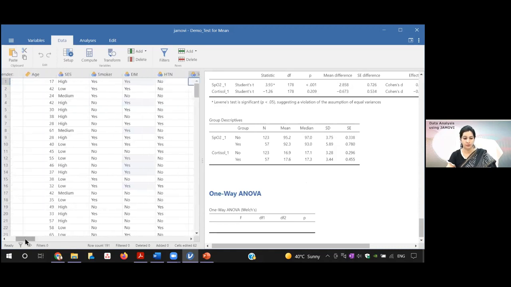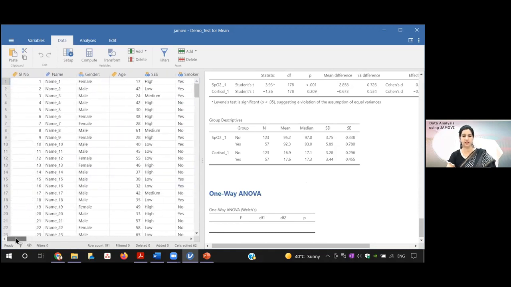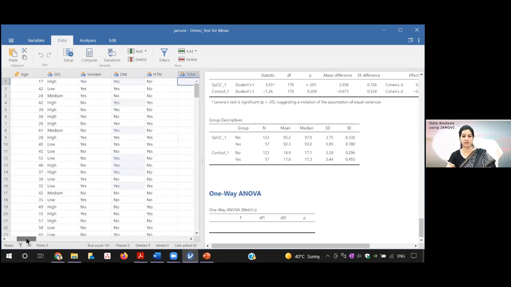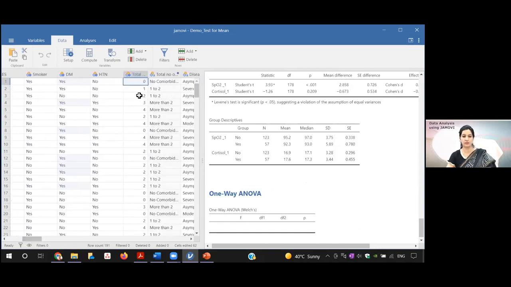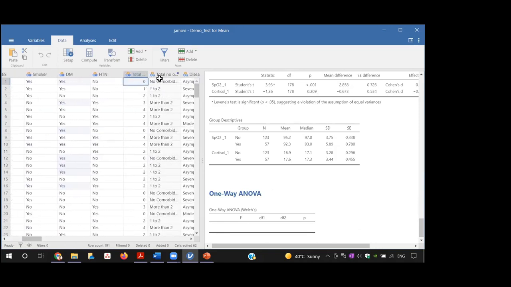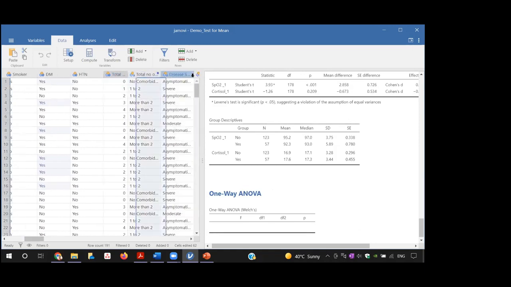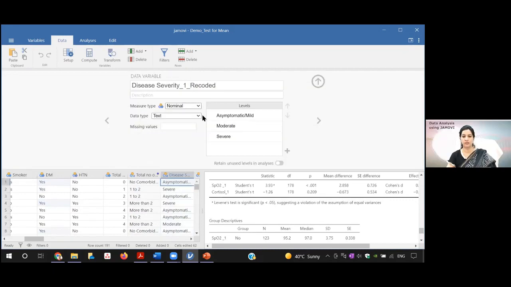Comorbidity should have 3 categories. I think this data sheet doesn't have it. SES, smoker, DM. So disease severity you have put, ma'am. Asymptomatic, mild, moderate, and severe. This one. Yes. So disease severity 1 recoded. This will be the group.